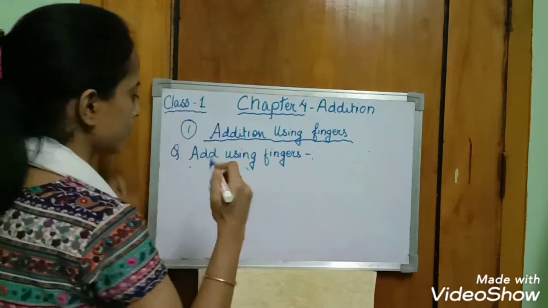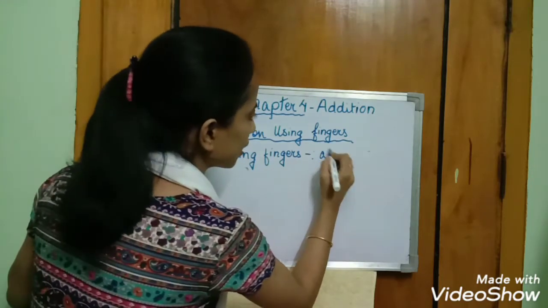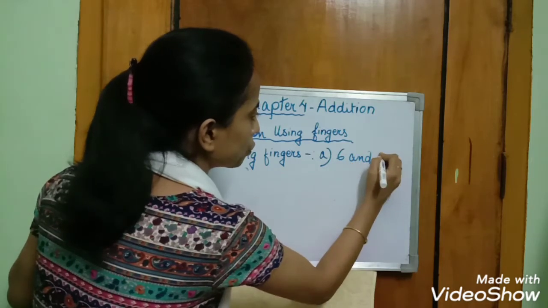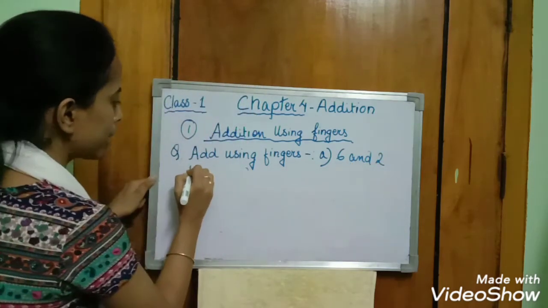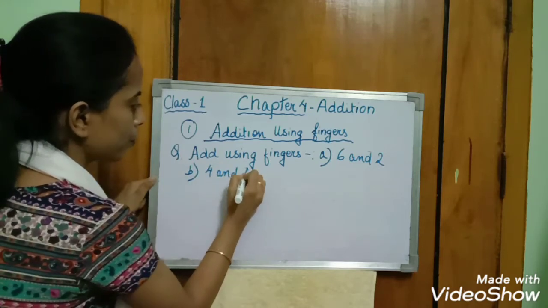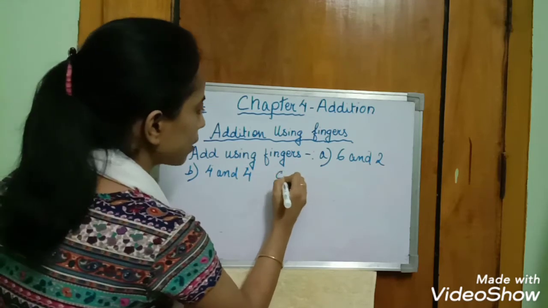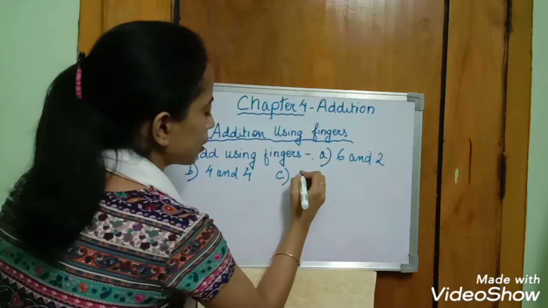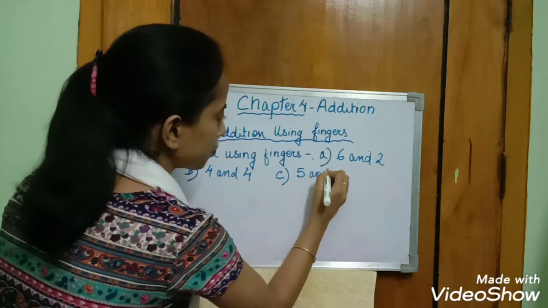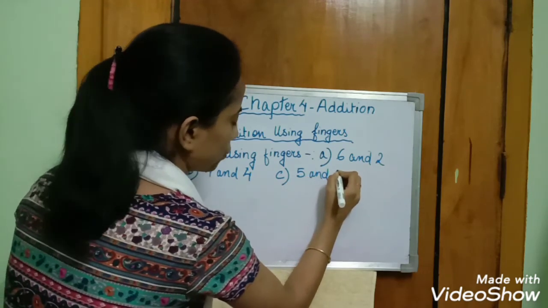Next, again A: 6 and 2. Number B: 4 and 4. Number C: 5 and 2.